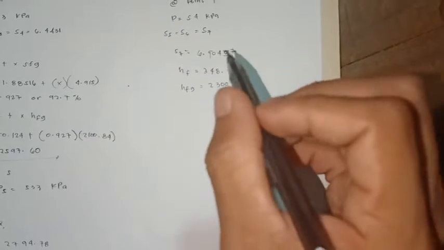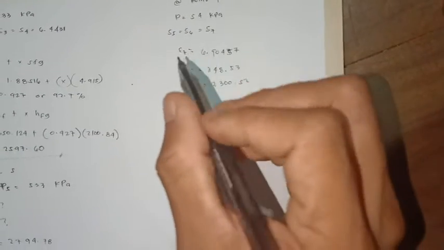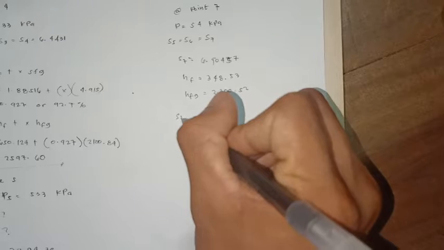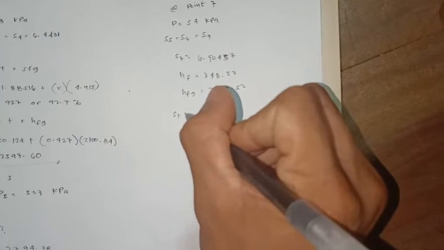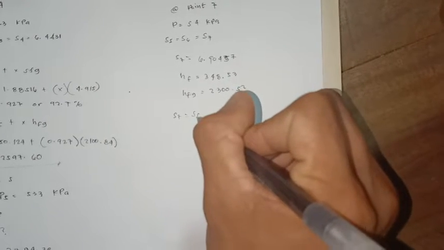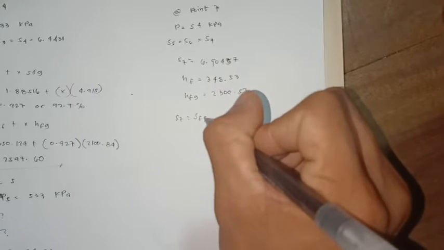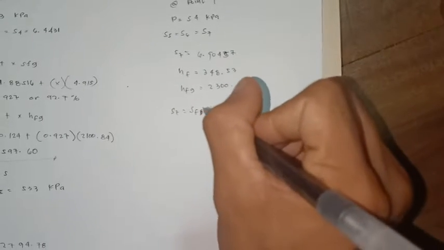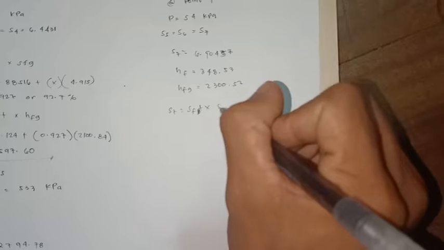So we can calculate the value of X using the value of S7. S7 is equal to SF plus the value of X times SFG.